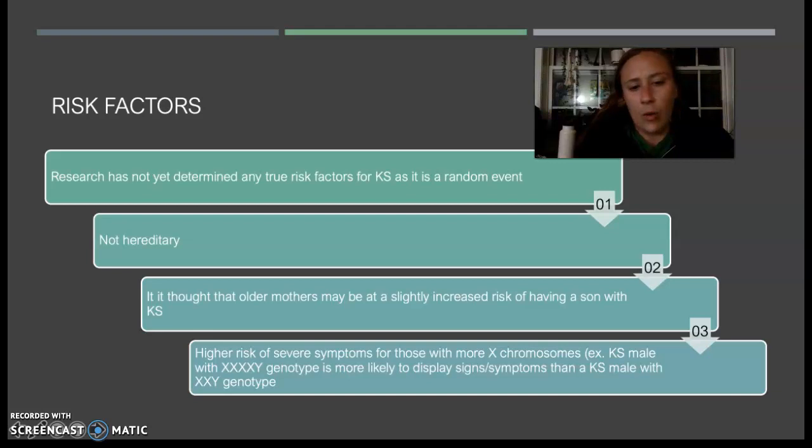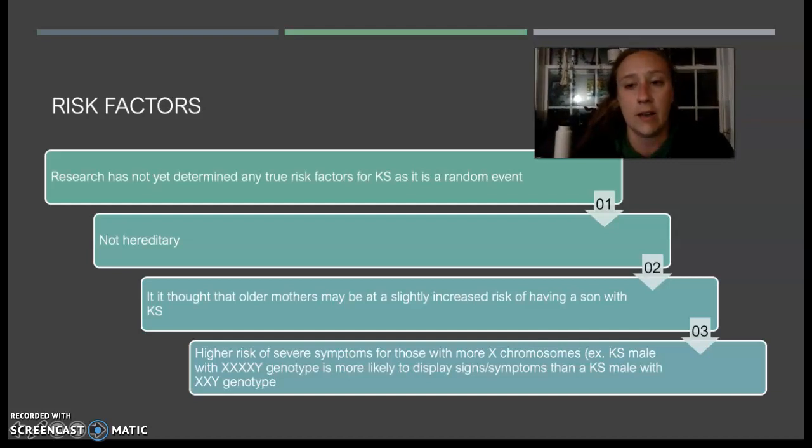It's said that older mothers, 35 and older, might be at a slightly increased risk of having a son with Klinefelter syndrome, but I've seen battling viewpoints on this. Some people say that it's not a risk, and if it is, it's really slight.